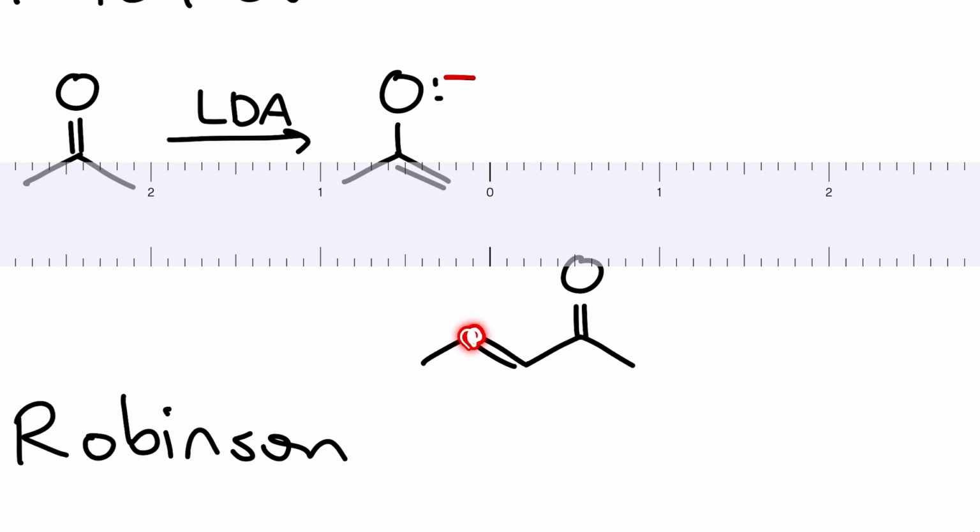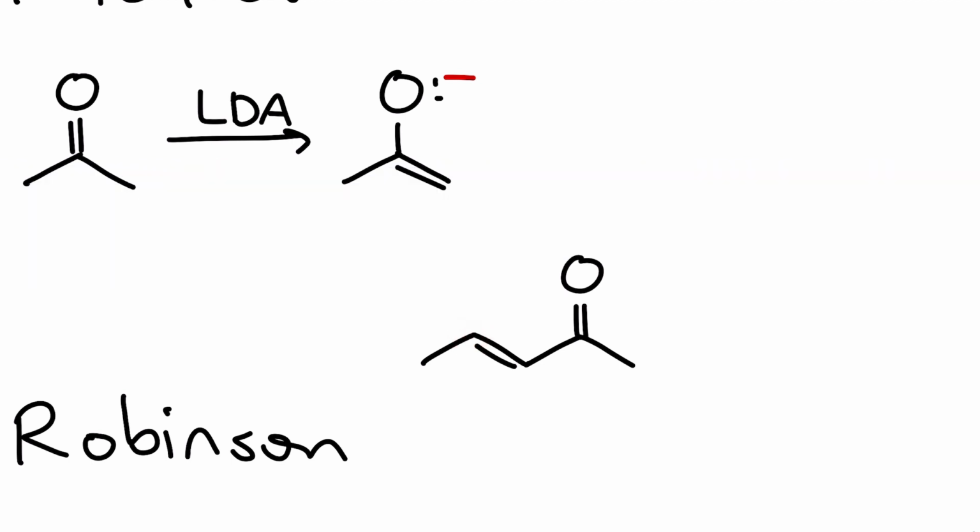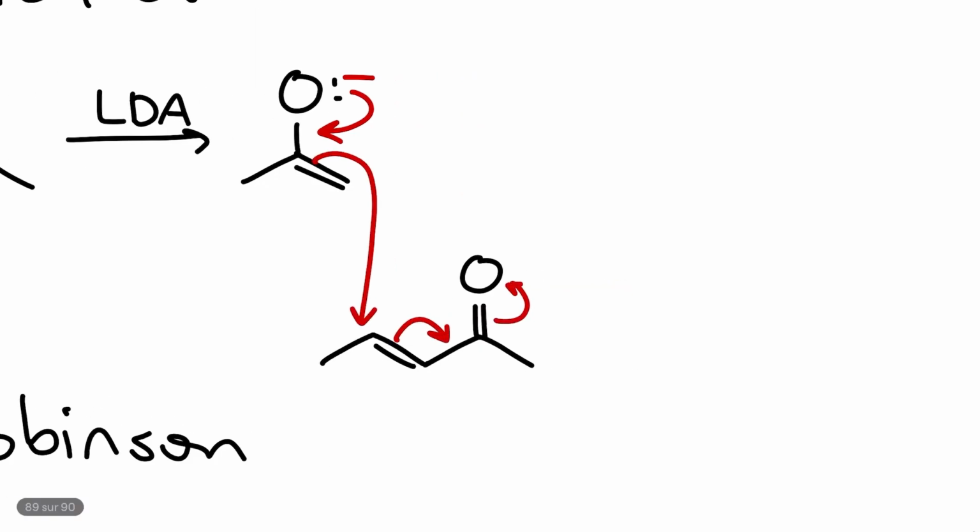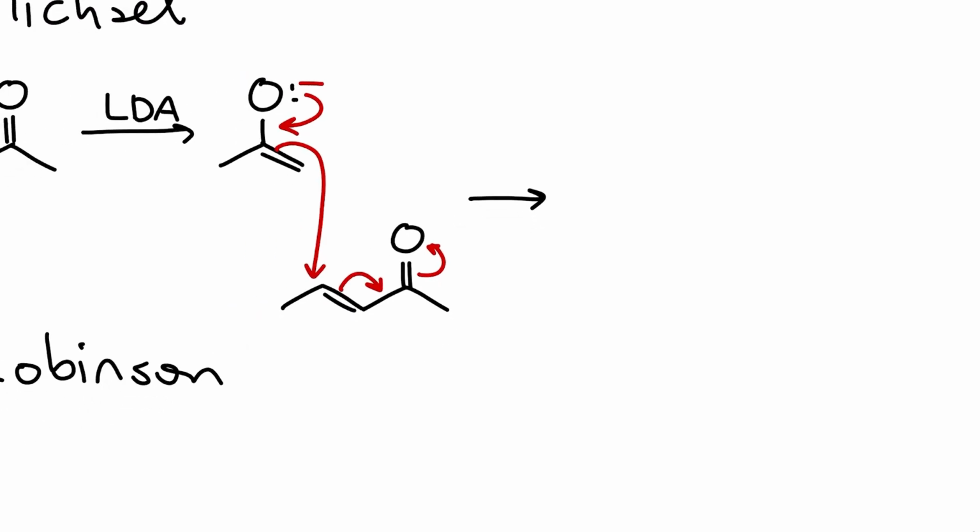Why? Because this double bond can resonate into the carbonyl, as you will see right now. So there's an attack, and now a new enolate has been formed right here, right?